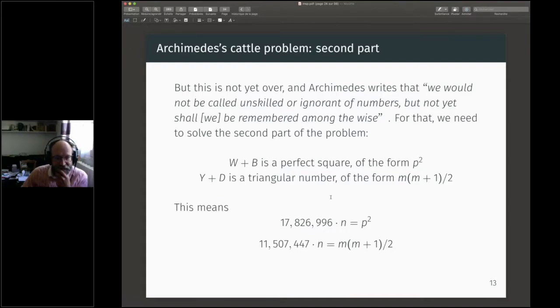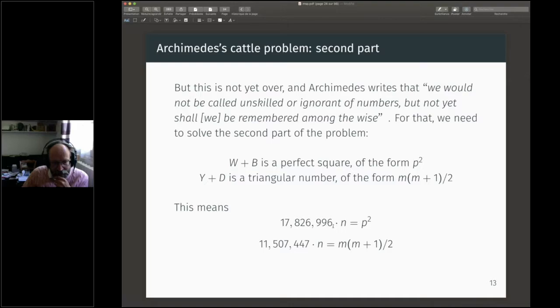Okay. And so that's what we want to solve. And if we write it down, we get something like that. 17 million and so on times n is the sum of the white bulls and the black bulls. So it's p squared. And 11 million and so on times n is the triangular number m(m+1)/2. And so now you can do some algebra.